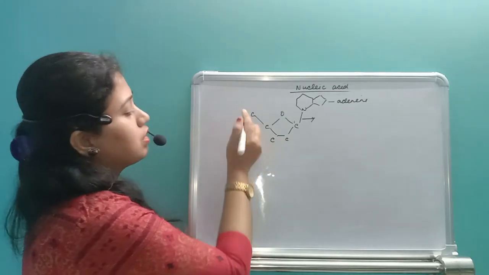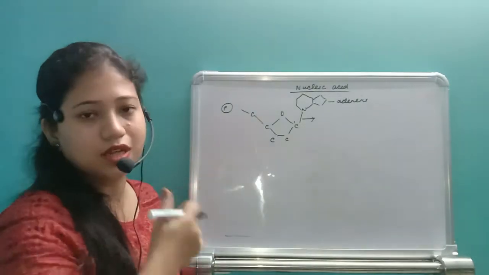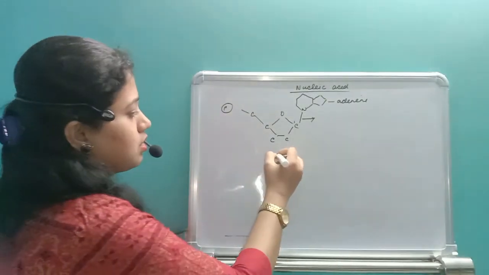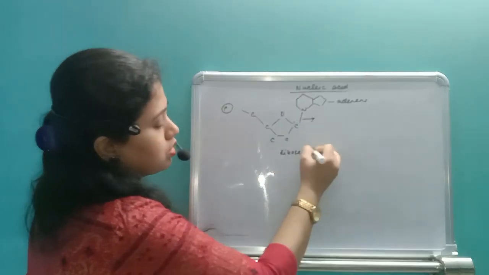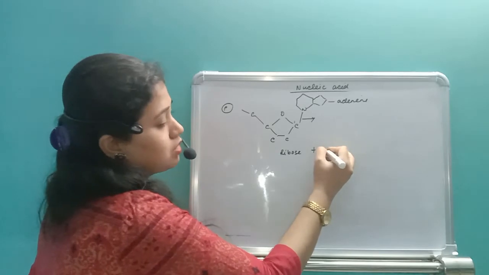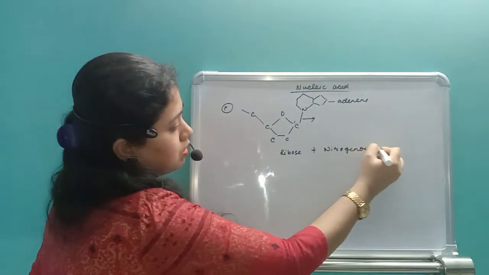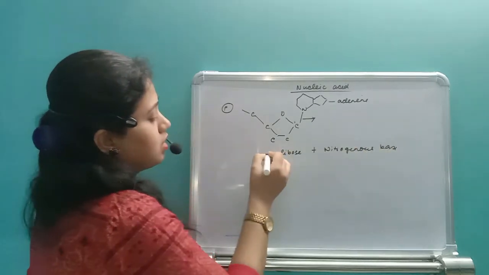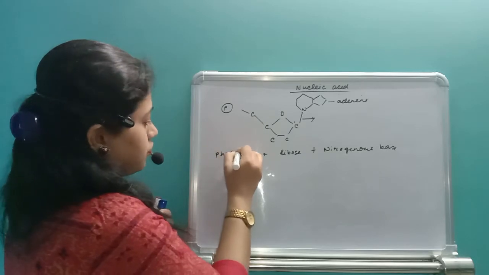With this fifth carbon atom, we are going to have the phosphate group. So the phosphate group is attached like this. So this is the pentose sugar, the ribose or deoxyribose sugar. Here we have one nitrogenous base, adenine, and this one is the phosphate.